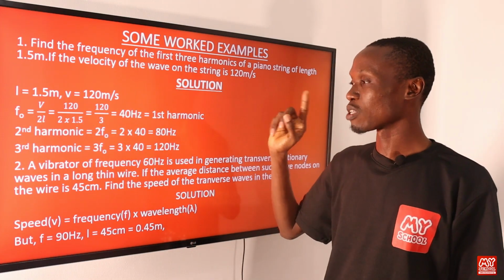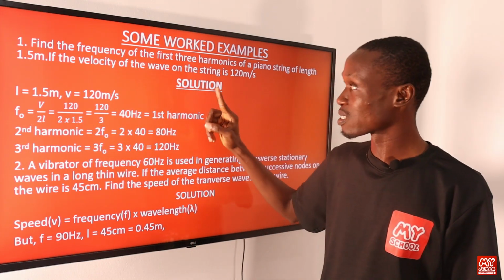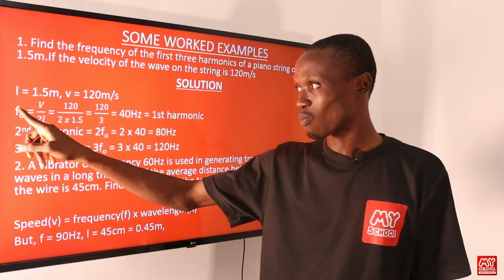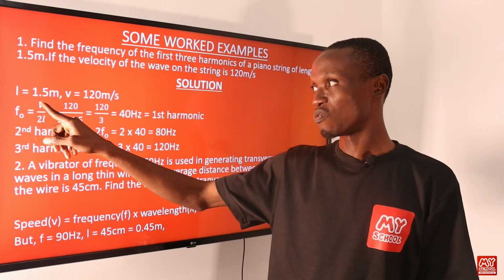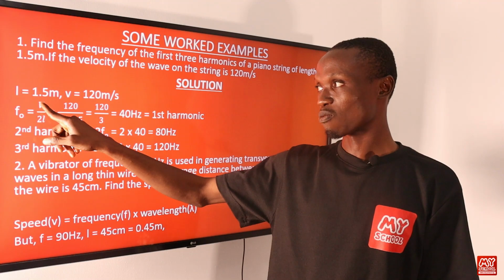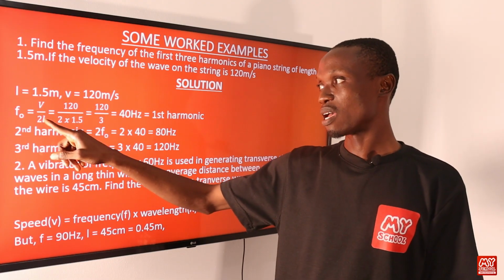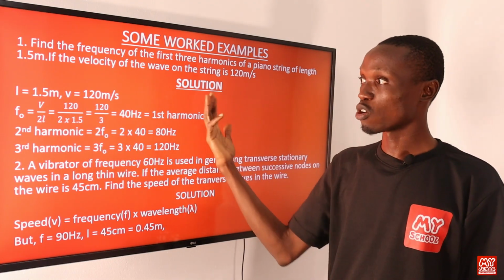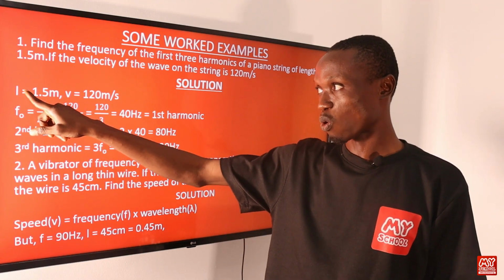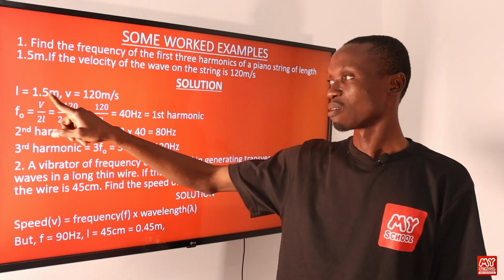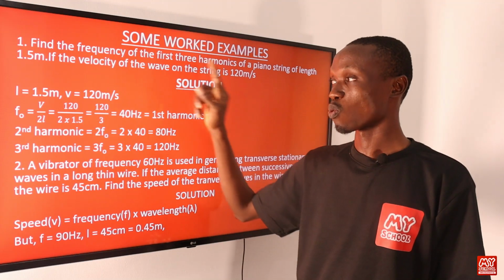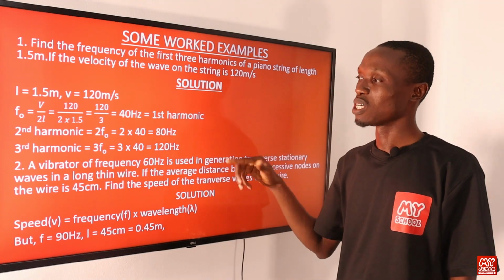So to solve for the first harmonic, which is the fundamental frequency, we make use of this formula: f0 = v/2L. Remember, v stands for velocity and L stands for the length of the string. In this question, the length of the string is given to be 1.5 meters, and the velocity of the wave is 120 meters per second.